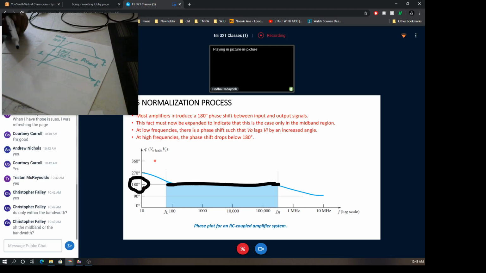And if you remember, I think Tristan, Eduardo, and Richard last semester had a project on the filter design, right? You remember that? Yes.